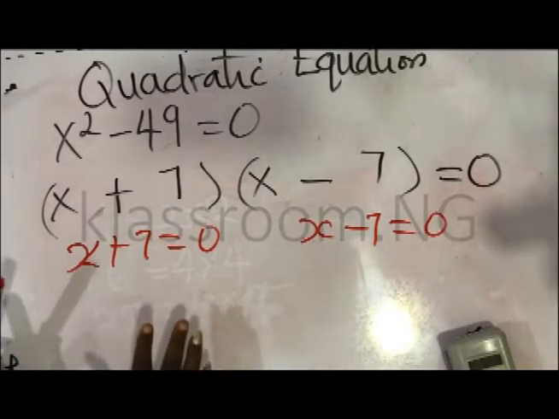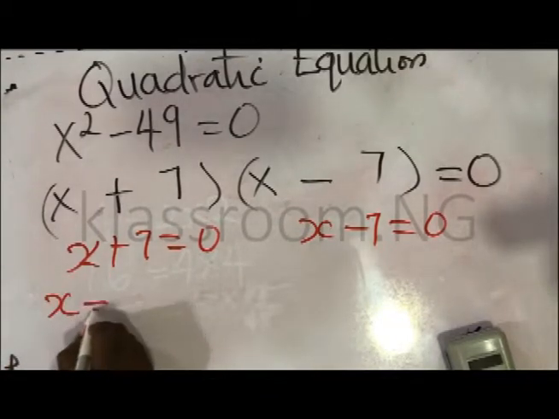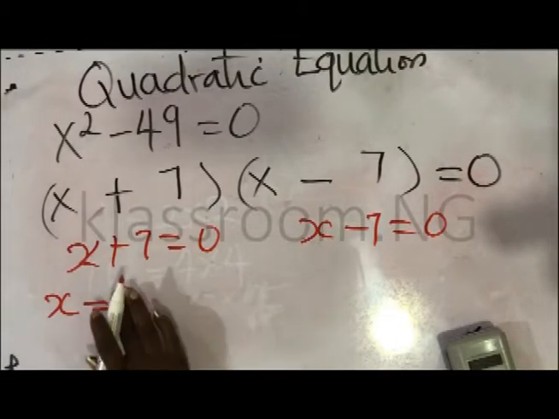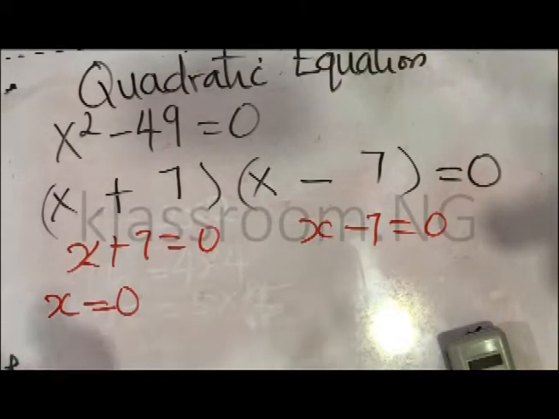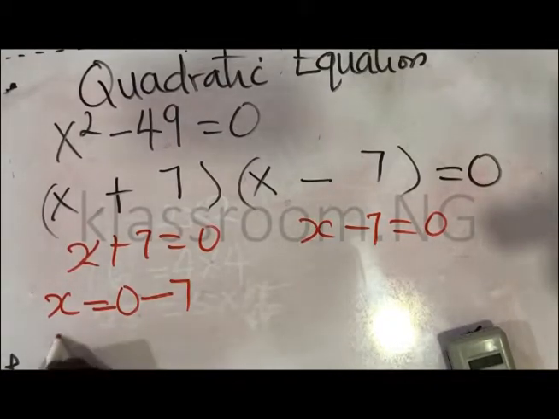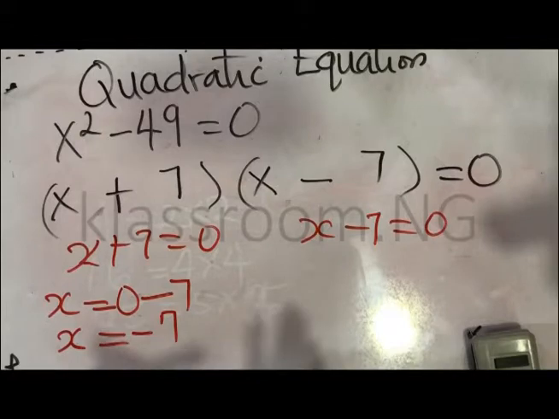So we're going to take the first one. We collect like terms, x equal to, we have the 0 there. Now, the plus 7 crosses to the other side and you have a minus 7. So you have x equal 0 minus 7, which will give you minus 7. Now, we have x minus 7 equals 0.